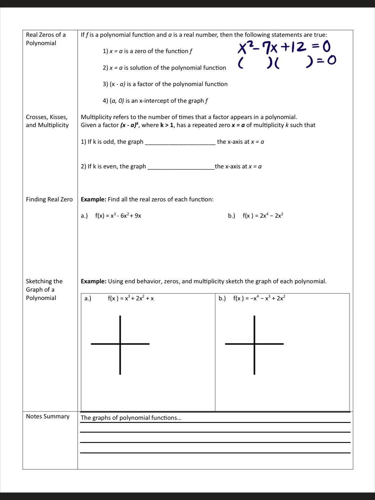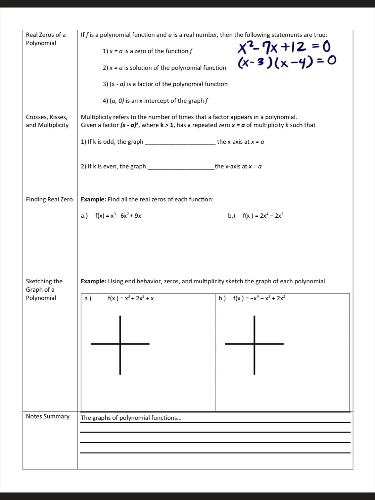So if I factor this, I would have x minus 3, x minus 4, okay? Because negative 3 times negative 4 gives me positive 12. Negative 3 plus negative 4 gives me negative 7, which is my b coefficient. All right, my b term.